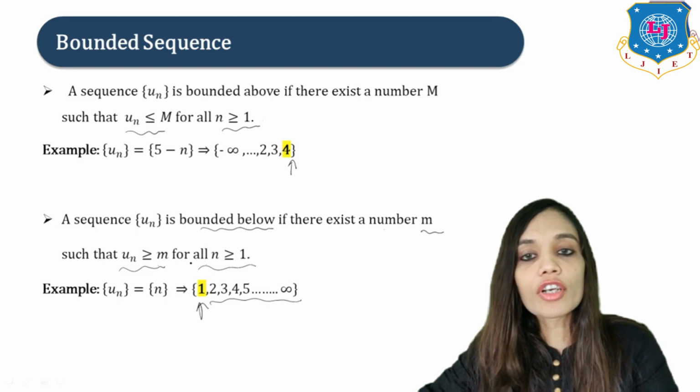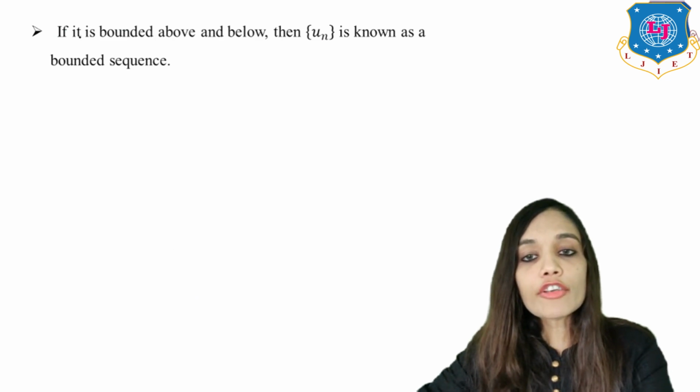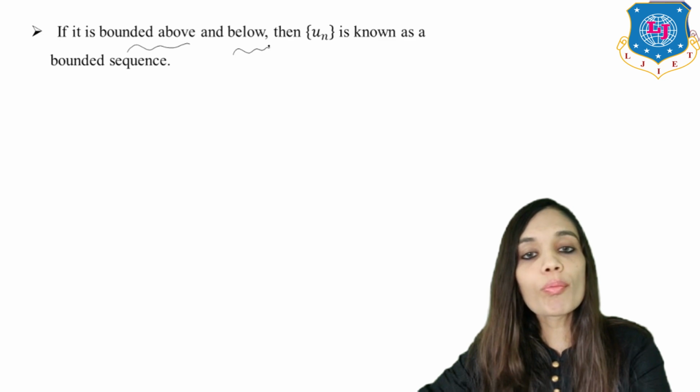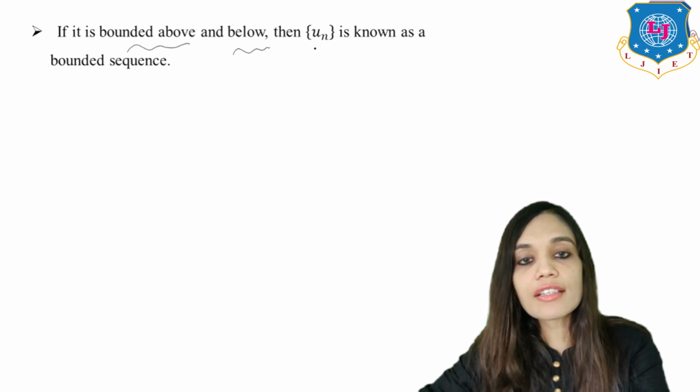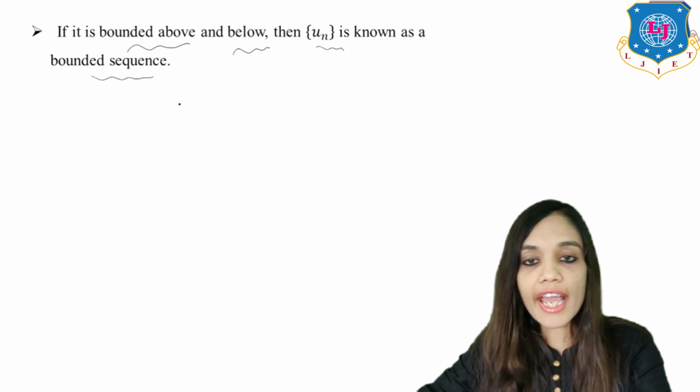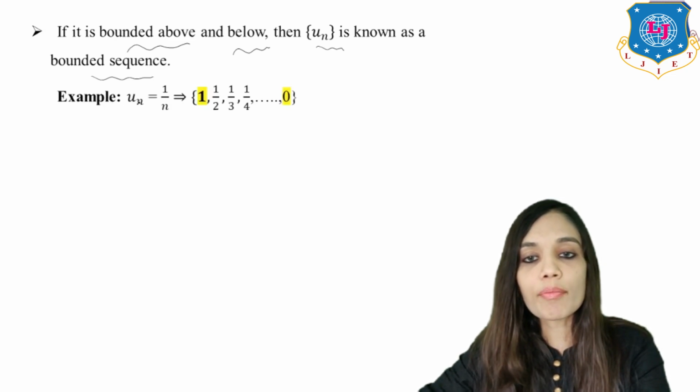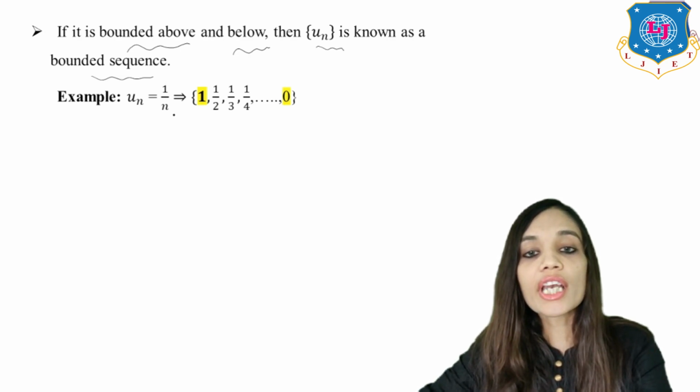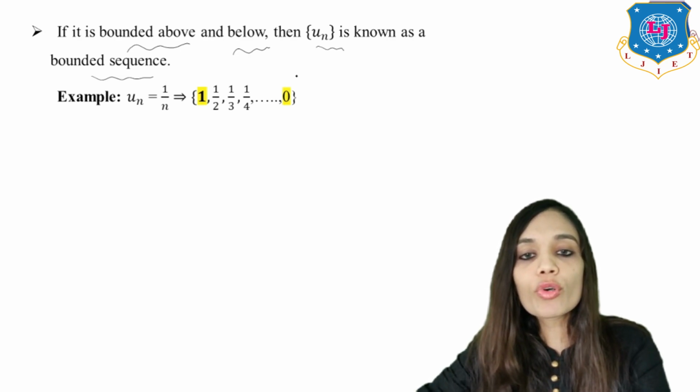Now let us study one more definition. If a given sequence is bounded above and below both, then we can say that the sequence u(n) is a bounded sequence. Next, let us see one example of the sequence u(n) equal to 1 upon n. Now here if you put n equal to 1, you will get the answer 1.